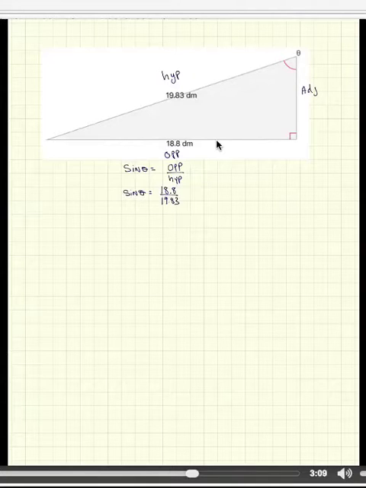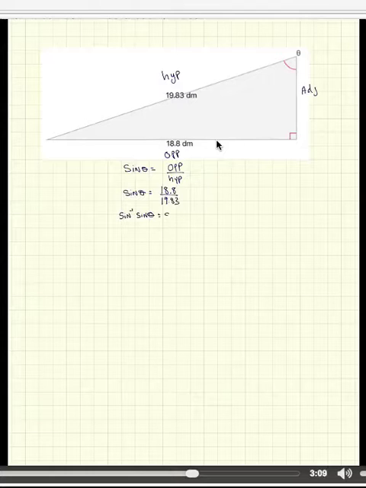We want to get theta alone. So to get rid of the sine, I'm going to take the inverse sine of both sides. You don't need to write this step out, but the inverse sine is the opposite of sine, and we're going to be left with theta.